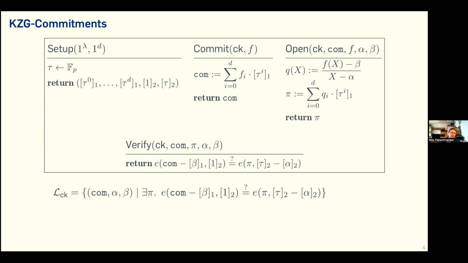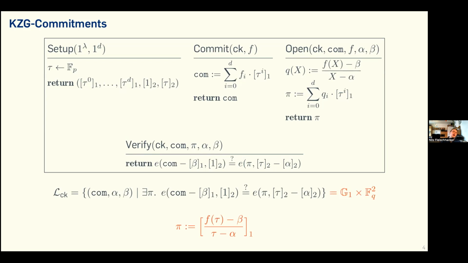The problem is that with the normal definition of witness encryption, it turns out this is not very useful. Why? If we look at this verification equation, it turns out that for any triple of a commitment, alpha and beta, we can always find an opening pi that satisfies this equation.